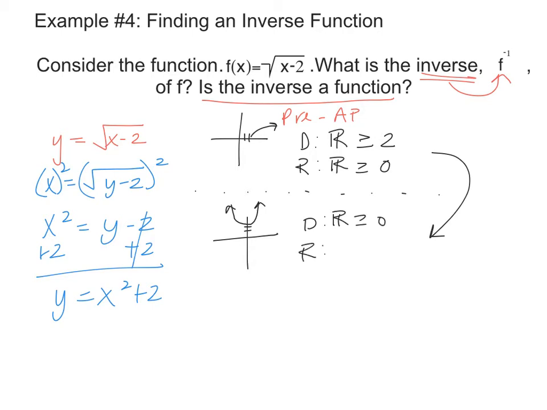And the range is supposed to be all real numbers greater than or equal to 2. Alright? And specifically here, it looks weird to say that the domain is all real numbers greater than or equal to 0, but it is because it was restricted in the beginning, and now it's not so much. So this is your actual domain.